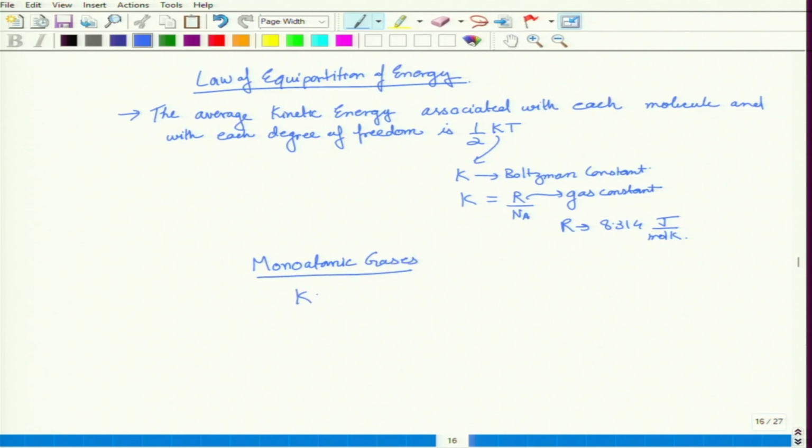So for the case of monoatomic gases, the kinetic energy, as we discussed, is half m Vx square plus half m Vy square plus half m Vz square.